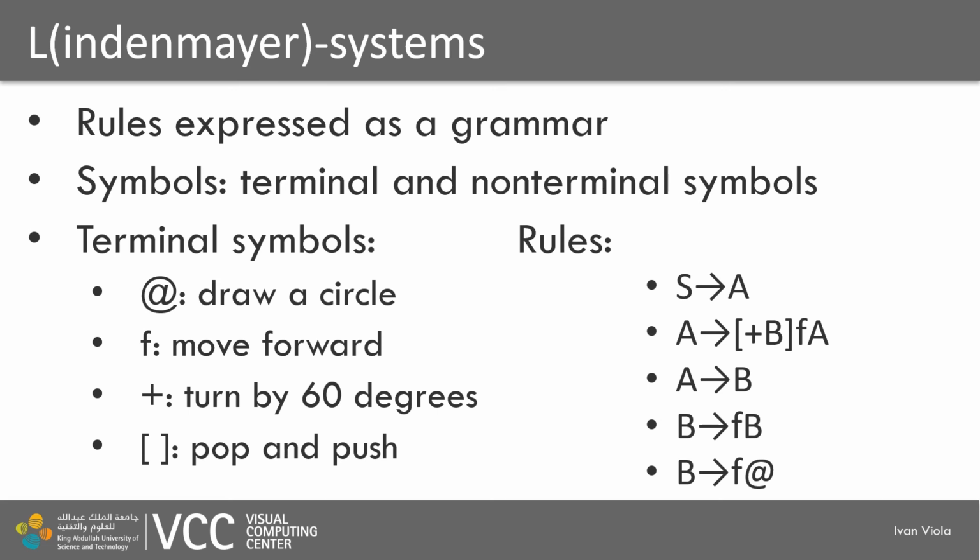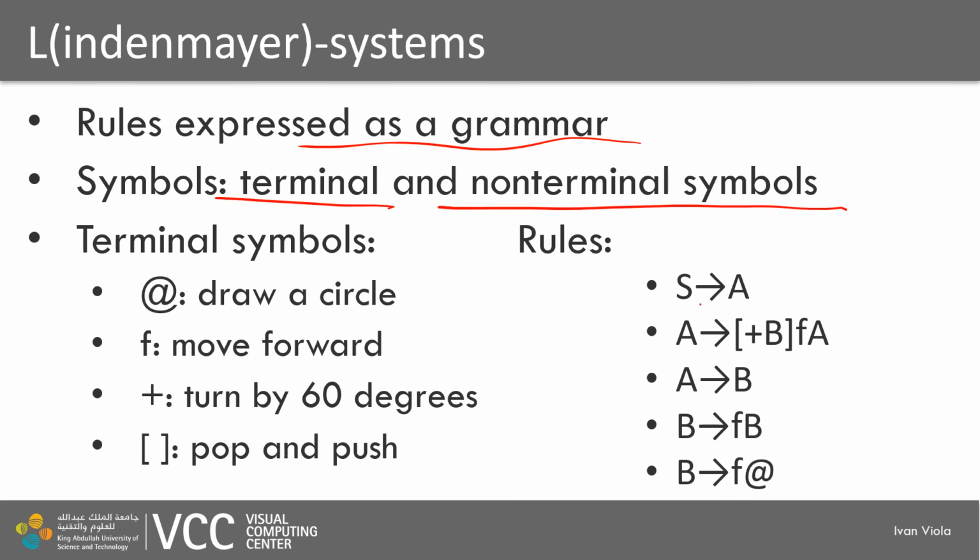There is a certain grammar in the L system which defines some spatial characteristics, and then there are symbols which are either terminal, which are not replaceable by other symbols, or non-terminal symbols, which define rules for how these non-terminal symbols can be replaced by other non-terminal or terminal symbols.